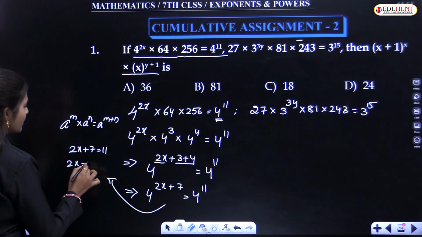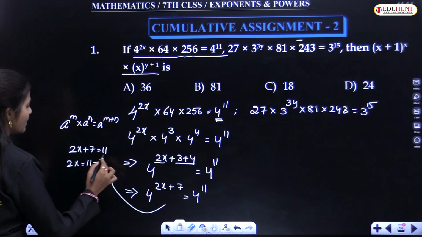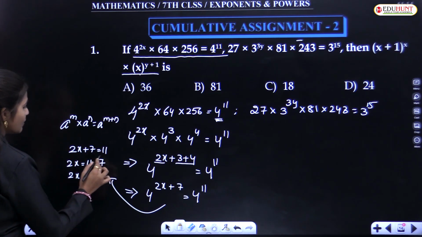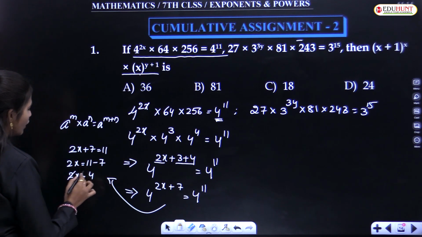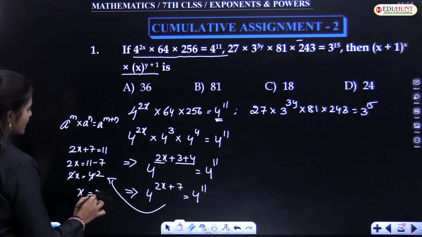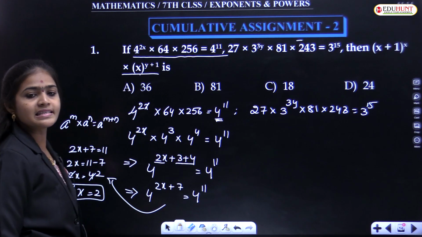So 2x is equal to 11 minus 7, which is 4. 2 ones are 2, 2 twos are 4. So x is equal to 2.